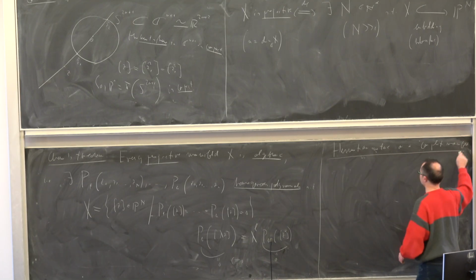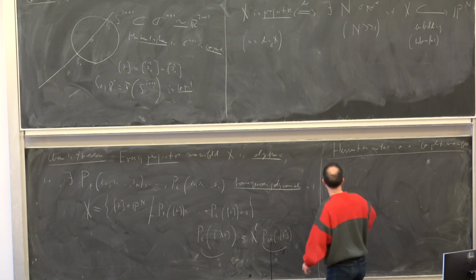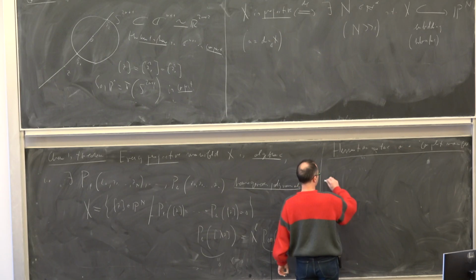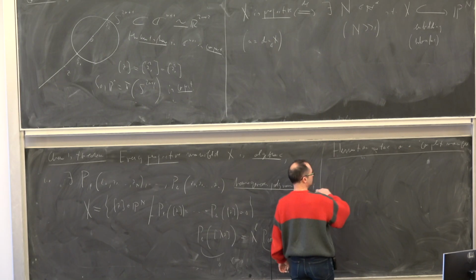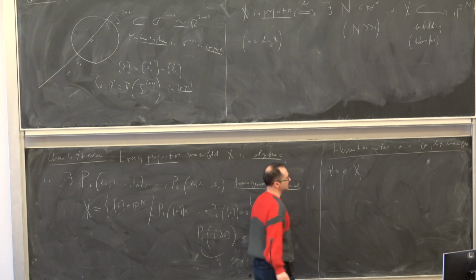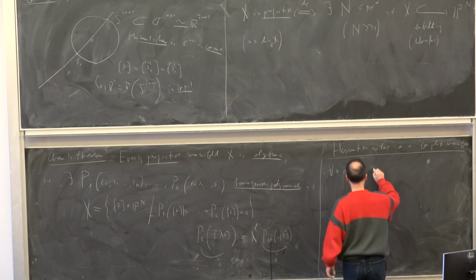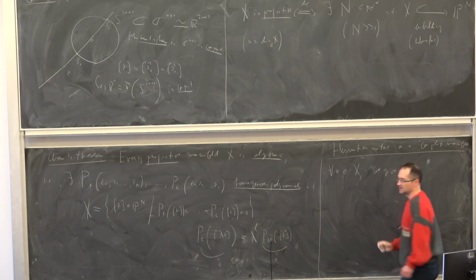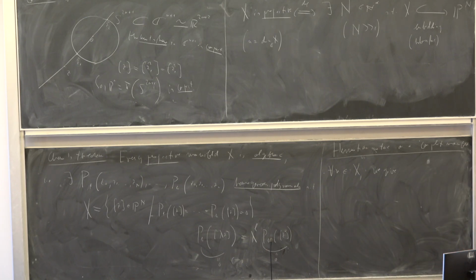Now, what is a Hermitian metric? By definition, it is the following data. So for every point x in the complex manifold X, we give a complex inner product on the tangent space to X at x.